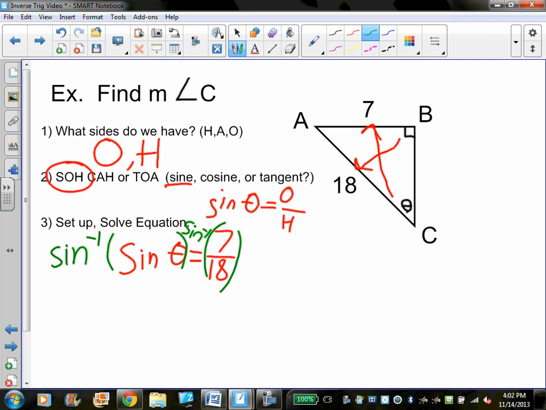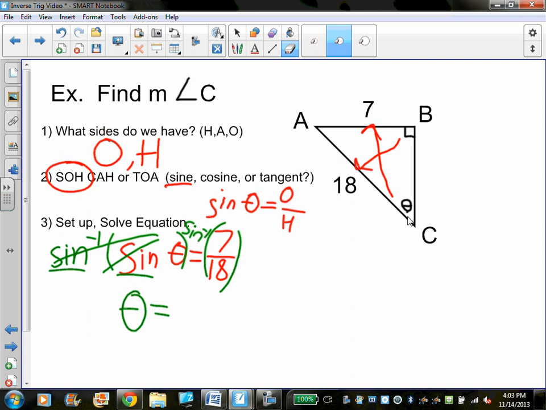The inverse sine over here and sine are going to cancel each other out, leaving us with theta. And for the inverse sine of 7 over 18, we're going to have to enter that into the calculator.